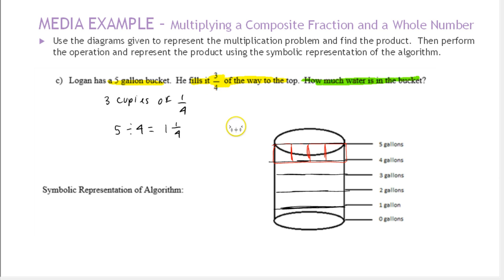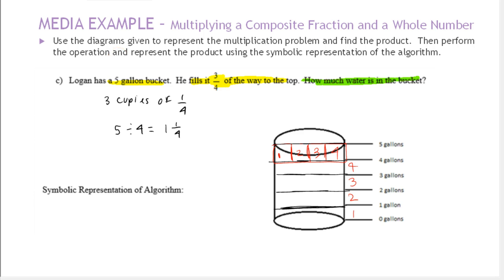So we're thinking of this gallon with this quarter, that's 1 1/4, this gallon with this quarter, 1 1/4, and so on, so that each gallon with a quarter makes 1 1/4. So now we have our 4 groups, 4 copies, of size 1 1/4, but now we want 3 copies of these.